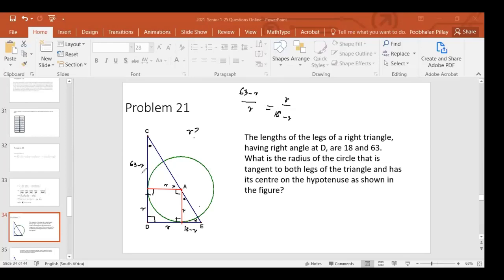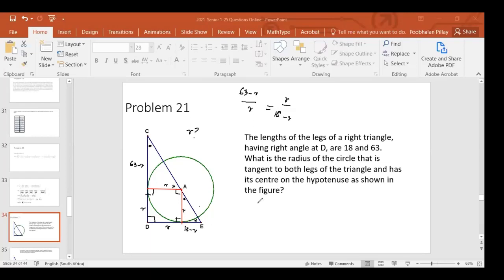Corresponding means 63 minus R corresponds to R, because both of them are opposite the same angle, and likewise with the other one. If you don't like that, you could use trigonometry. These two angles are the same.